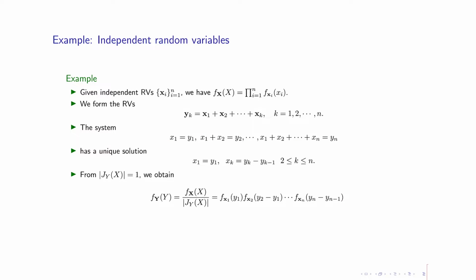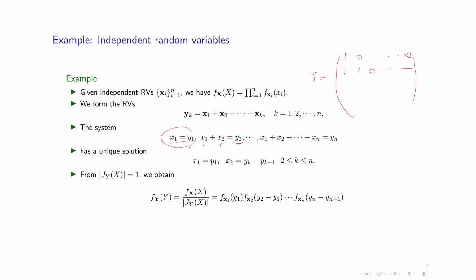Now here the Jacobian. If you calculate the Jacobian matrix, the derivative of y1 with respect to x1 is 1, the derivative of y1 with respect to x2 is 0, and with respect to x3 and the rest, you get lots of zeros. For y2, the derivative with respect to x1 is 1, the derivative with respect to x2 is also 1, and everything else is 0.